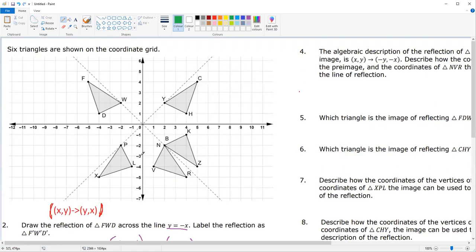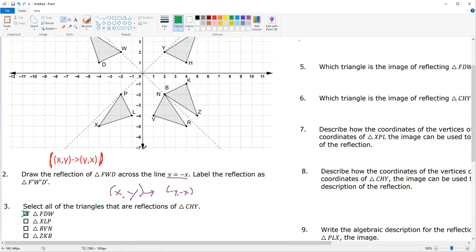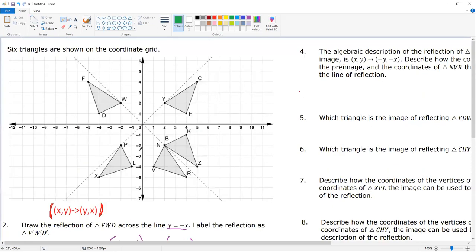Okay, what about XLP? Is XLP a reflection across something? I don't know for sure. Is it a reflection across this? Well, let's take a look. That looks like it's 2 from the origin.